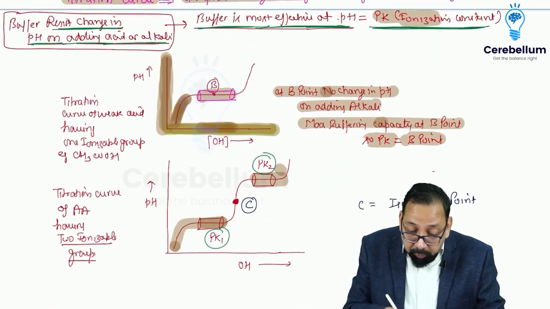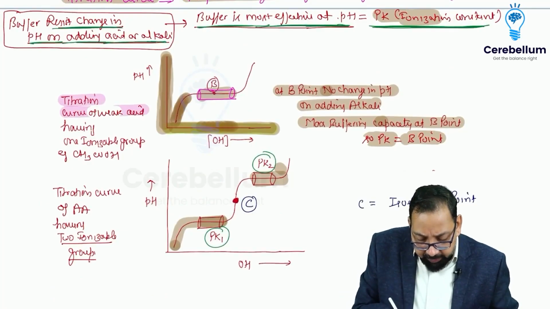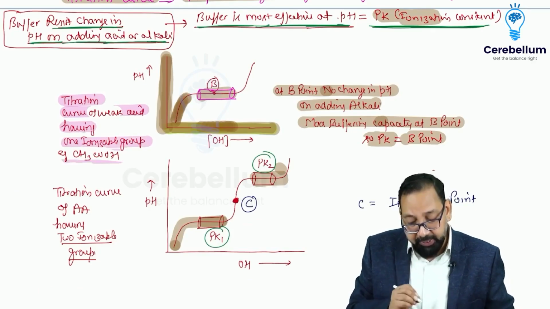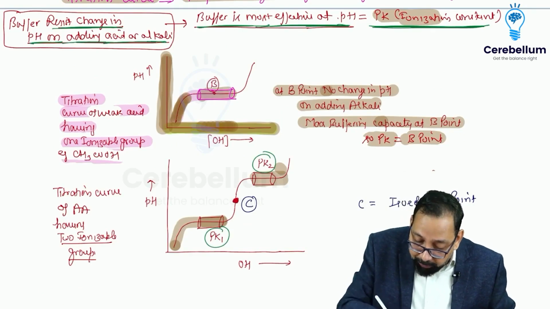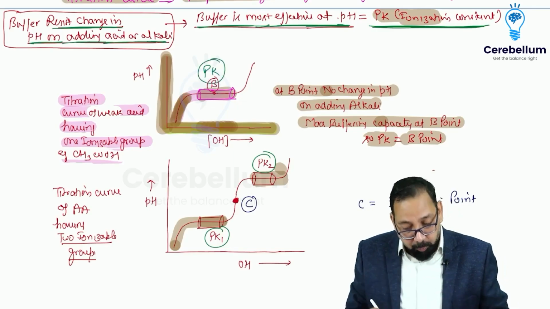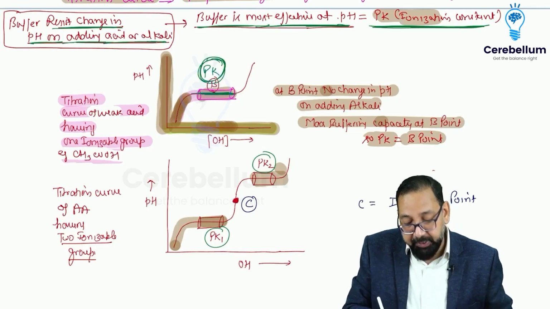Now I explain. This is the titration curve of a weak acid having one ionizable group, for example carboxylic acid, and in this we found only one pK, because there is only one ionizable group, and at this pK there would be maximum buffering capacity.